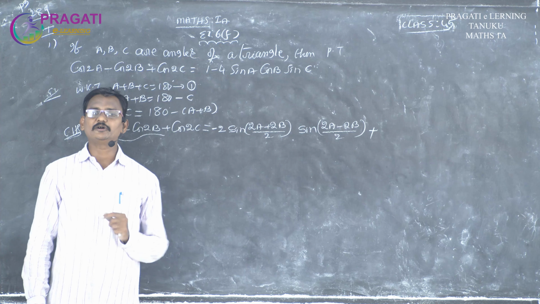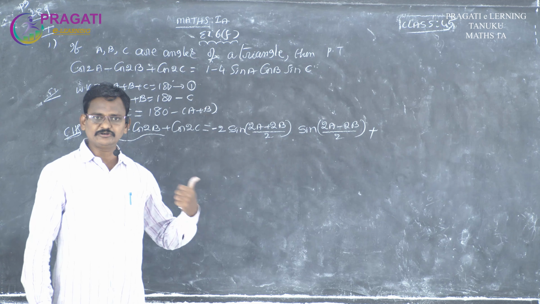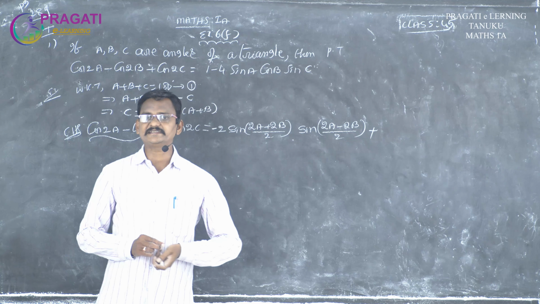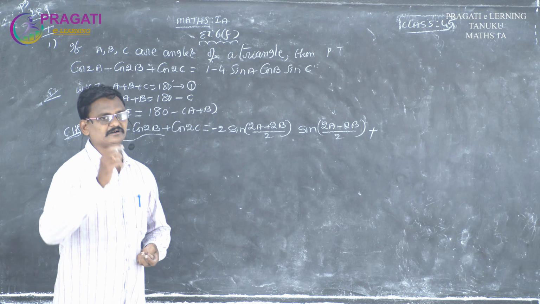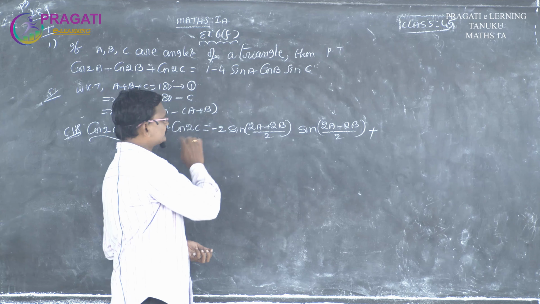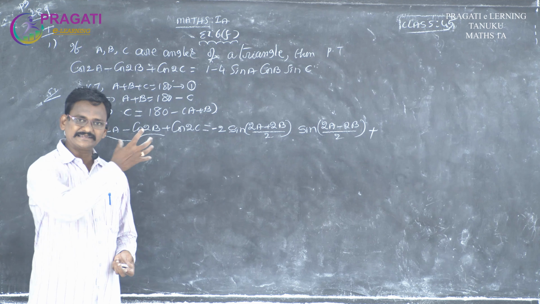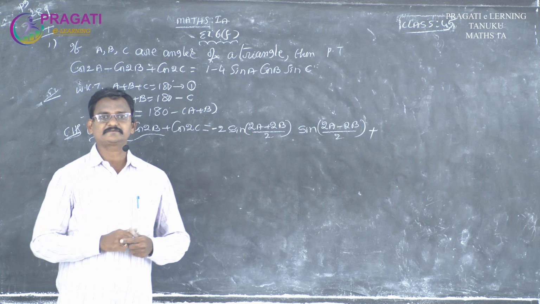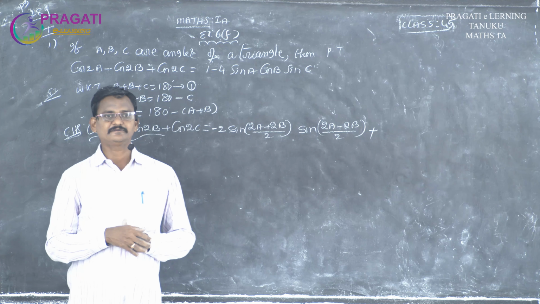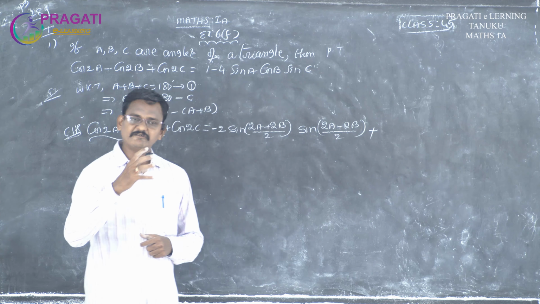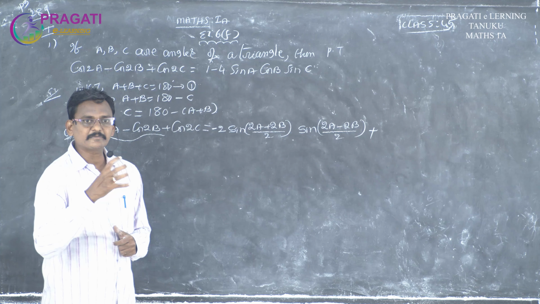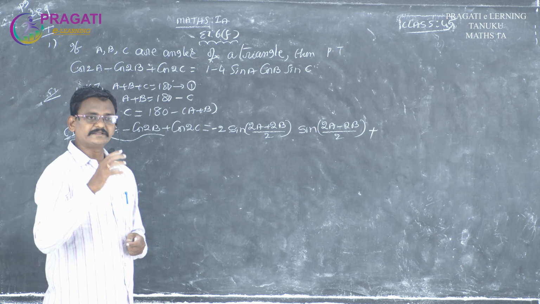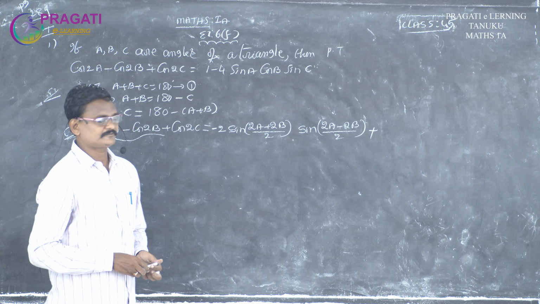In the previous problem we had sin 2C. Sin 2C is just like sin 2A, and the formula is 2 sin A cos A. But this is cos 2C, just like cos 2A. For cos 2A we have three formulas in multiple and submultiple angles. Out of the three formulas, which one is applicable here? That depends upon the RHS.